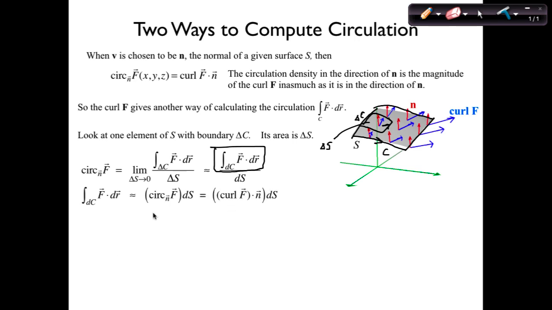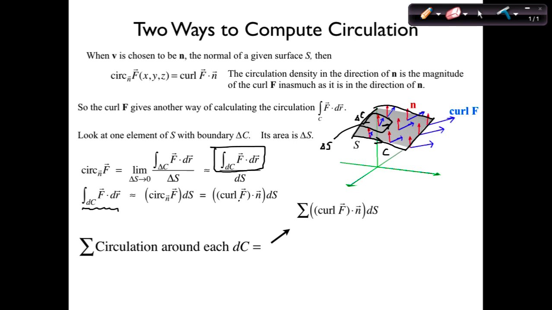But we said the circulation density of F in the direction of n is just the curl of F dot n. So if we sum up all the little circulations around each delta C, that's the same as summing up all the curl of F in the direction of n times dS.